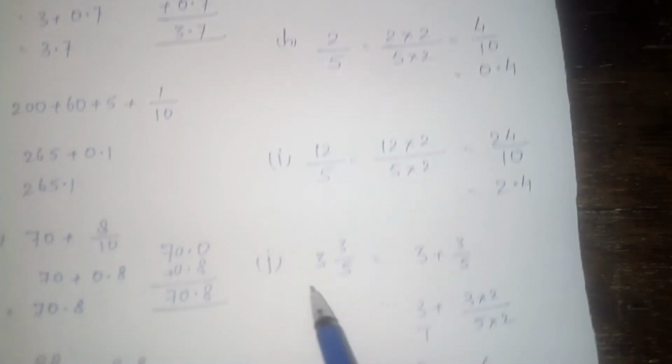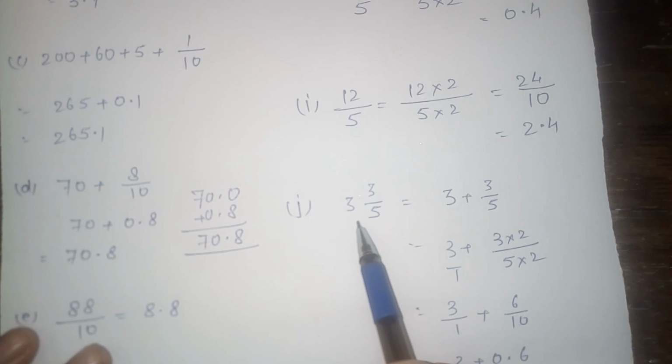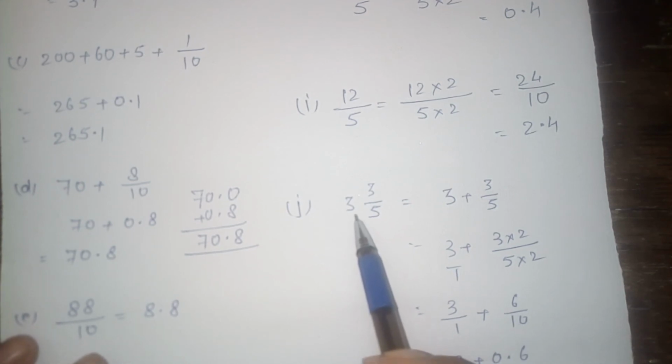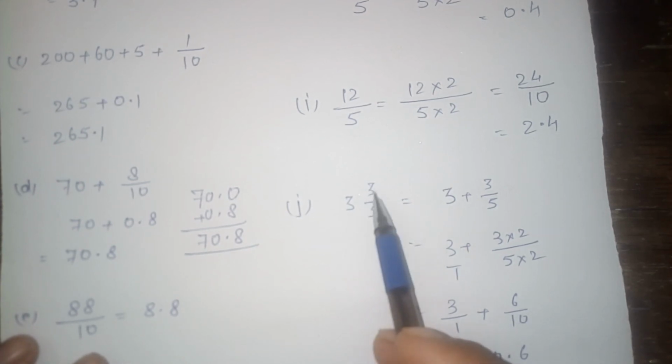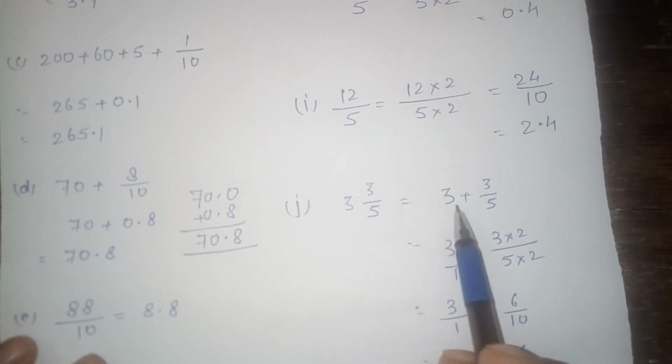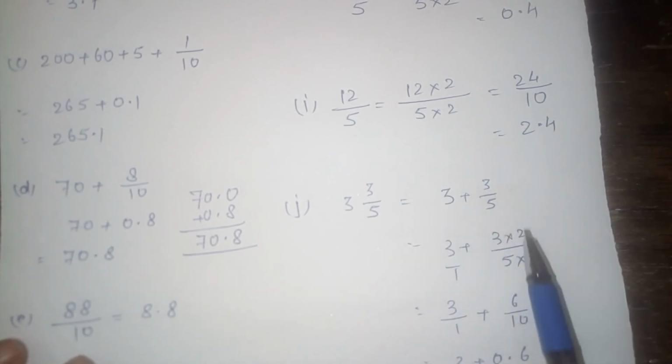Now question number J, 3 and 3 upon 5. 3 and 3 upon 5 we can write as 3 plus 3 upon 5, and we will apply the same procedure. 5 is easily converted to 10.